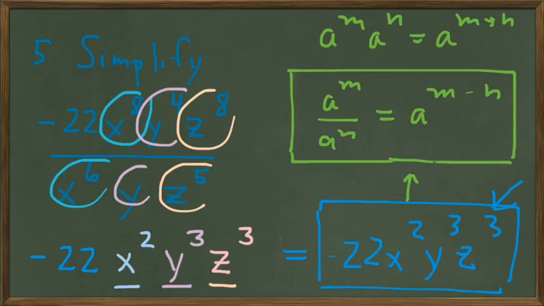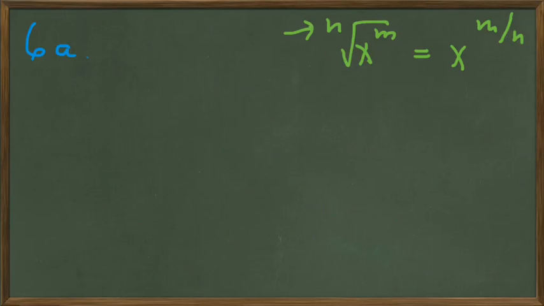So let's move on to problem number 6, where we are using these two rules as well as rules for exponents with radicals. Let's first note that if we have an nth root of x to the m power, that can be rewritten as x to the m over n. So the numerator is the power and the denominator is the root.